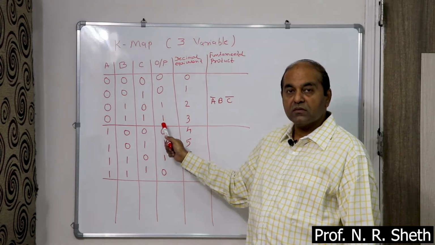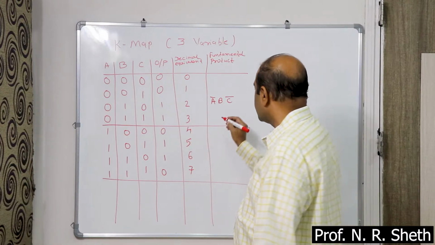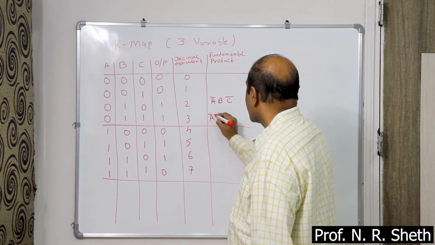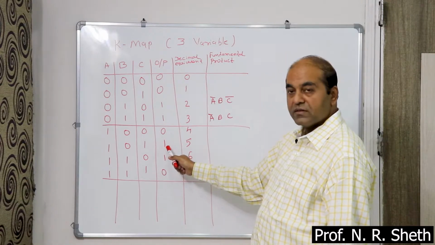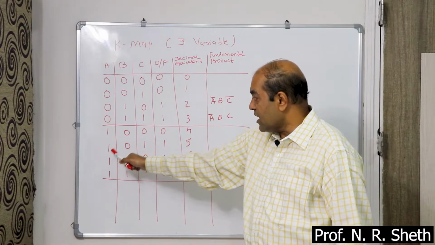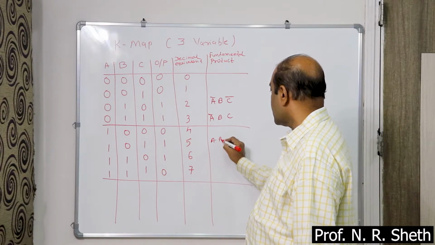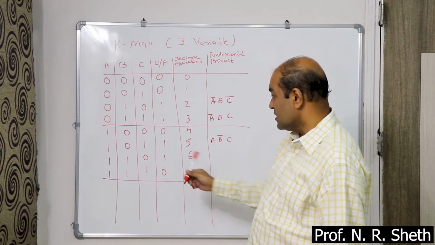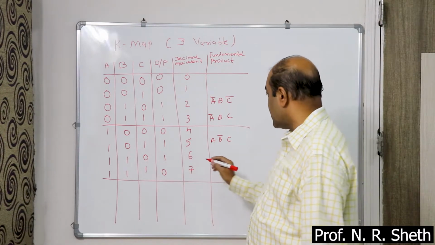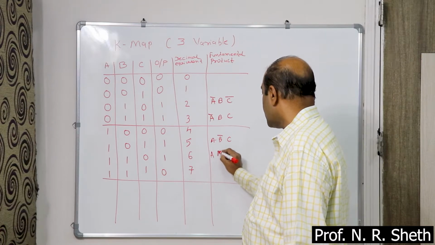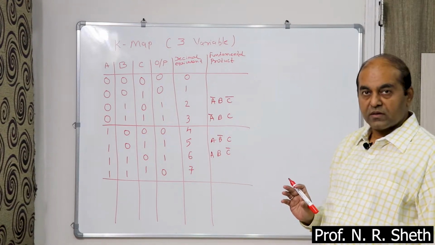What about this one? A bar, B, C. Next case is here, so A, B bar, C. And here A, B, C bar.